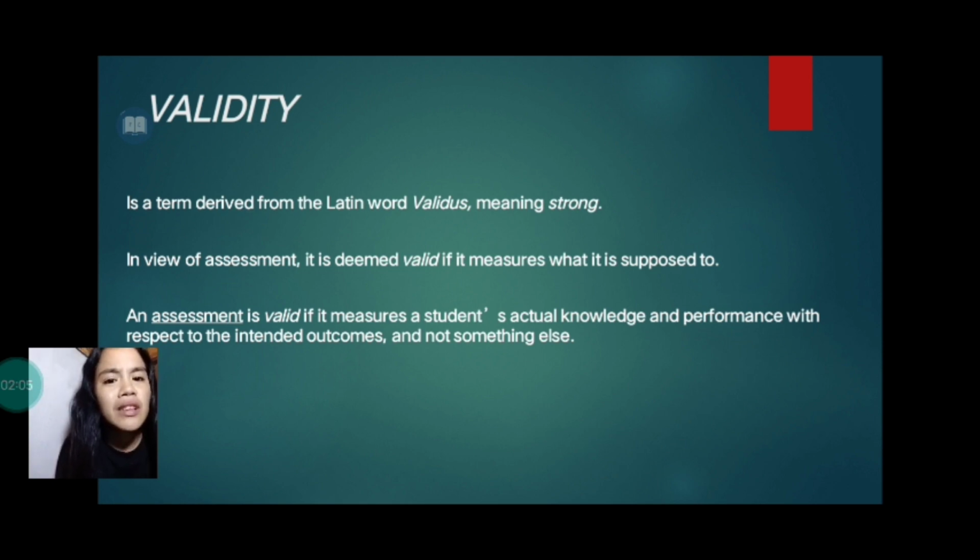What they assess is not valid, because it does not measure what it is supposed to.